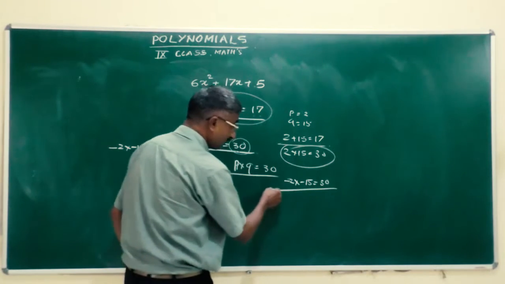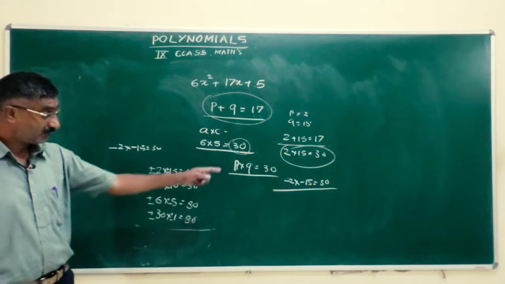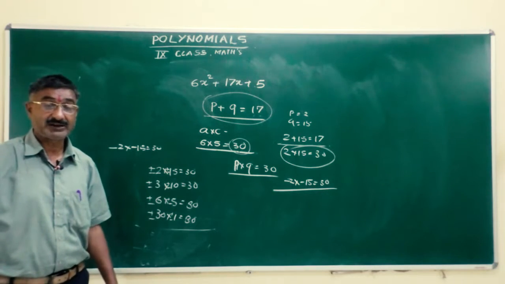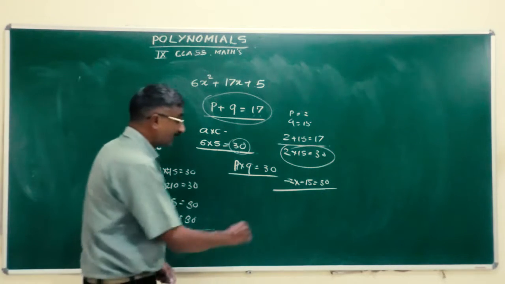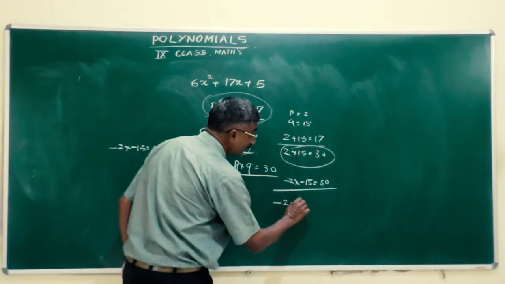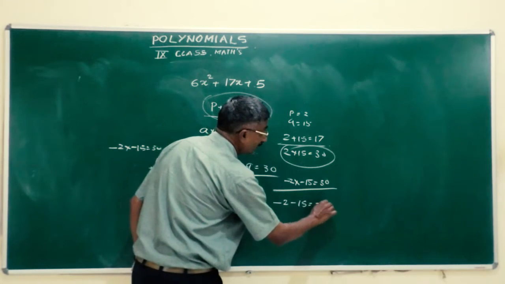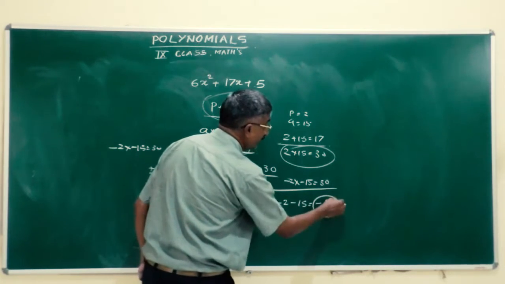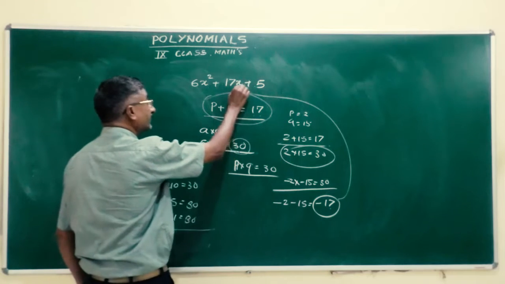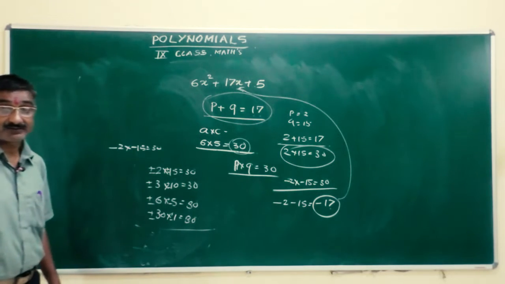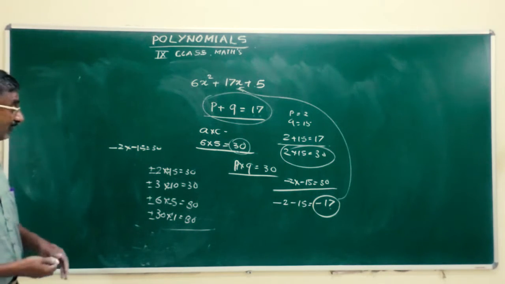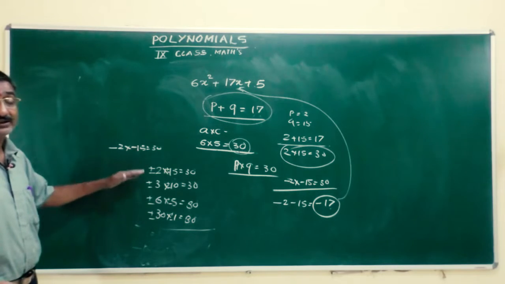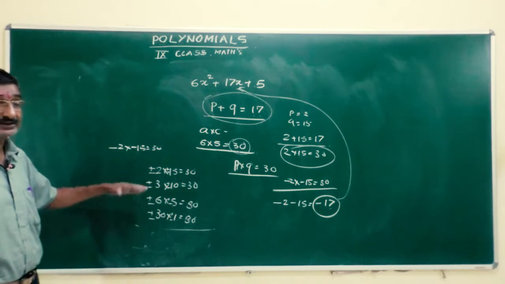Yes, this is correct. But if we add these two values, this will be minus 17. We need plus 17. Clear? So that's why we can use the different combinations also, plus and minus and all this.